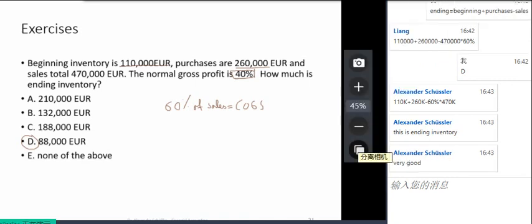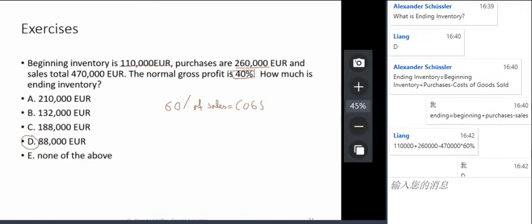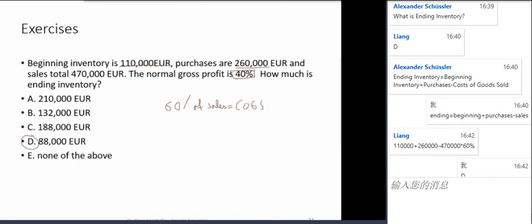Very, very good. D is correct. Does that make sense to you, or are there any questions? If you have a gross profit margin of 40%, that means that 60% of the sales are costs of goods sold, and cost of goods sold is what leaves your inventory. Yeah. So if you want to calculate ending inventory, you start with the beginning inventory.